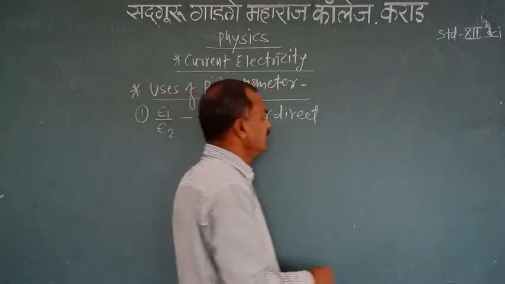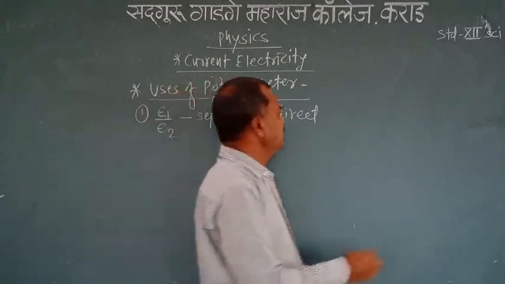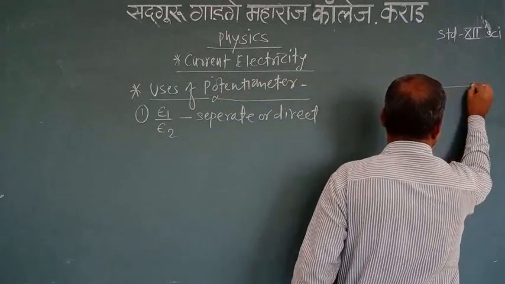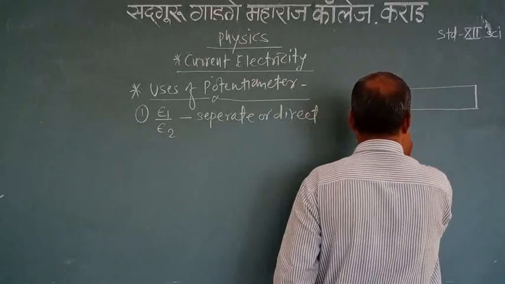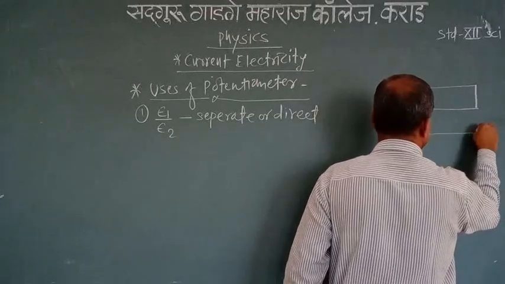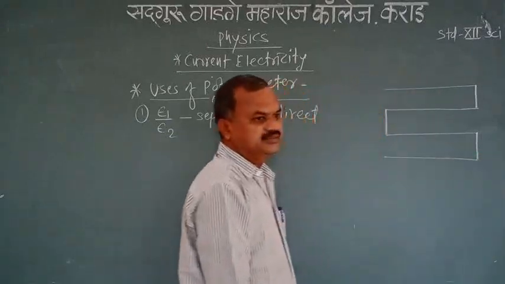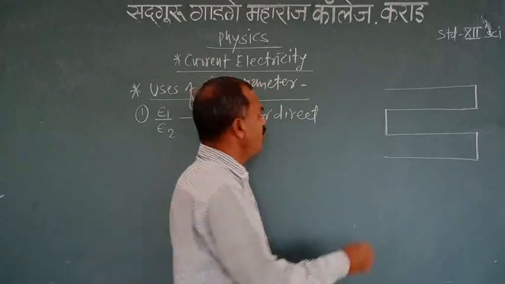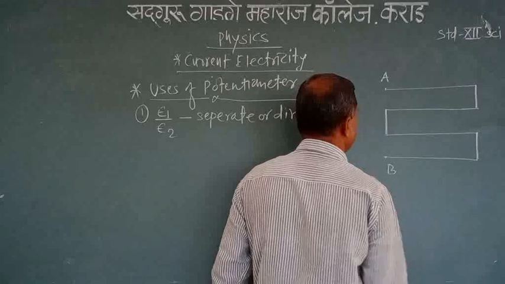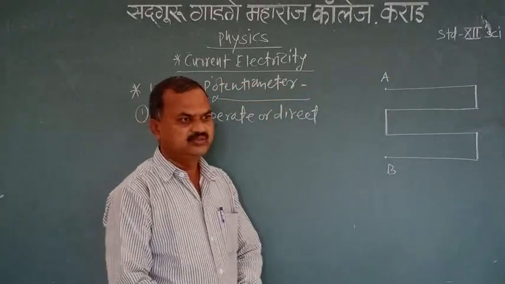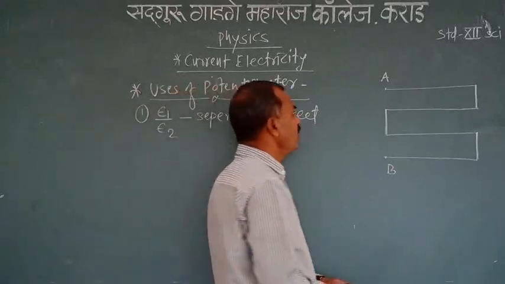For that, we have to draw some figure like this. This is potentiometer having thin uniform cross-sectional wire stretched on wooden board between 2 points A and B, divided into equal number of segments, each having 1 meter in length.